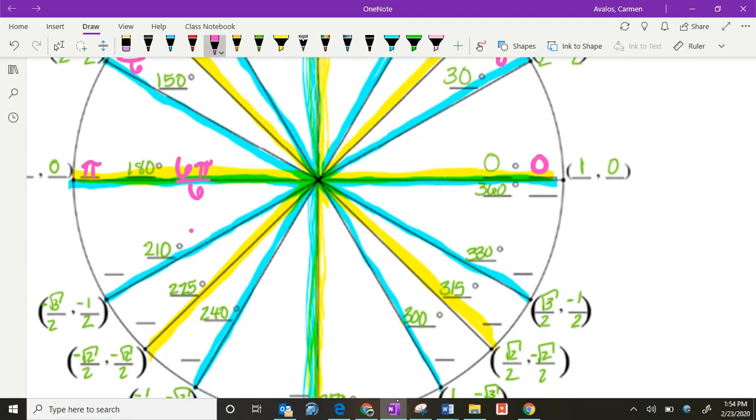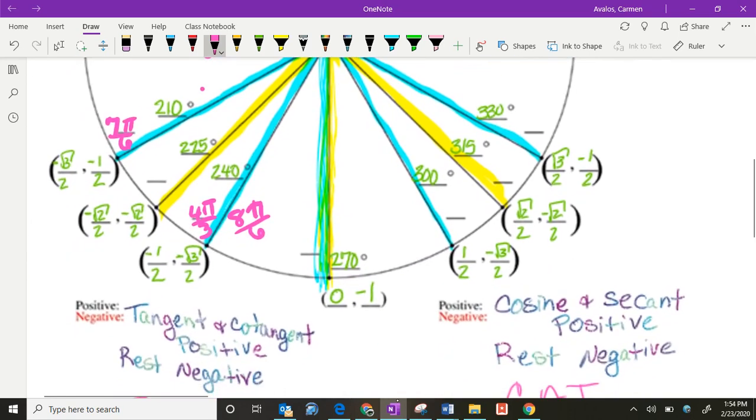And then this is going to be 7 pi over 6. This is 8 pi over 6, which is going to be 4 pi over 3. 9 pi over 6, which is going to be 3 pi over 2. And then 10 pi over 6, which is going to be 5 pi over 3.